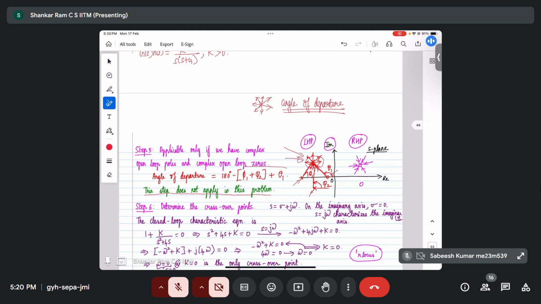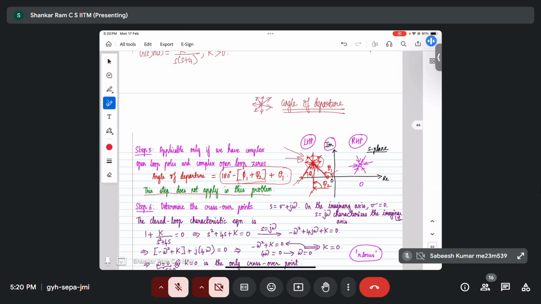That is the reason why the angle of departure comes out to be 180 degrees minus (phi 1 plus phi 2) plus theta. So phi 1 plus phi 2 is the sum of the angles made by vectors drawn from other open loop poles to this complex open loop pole.